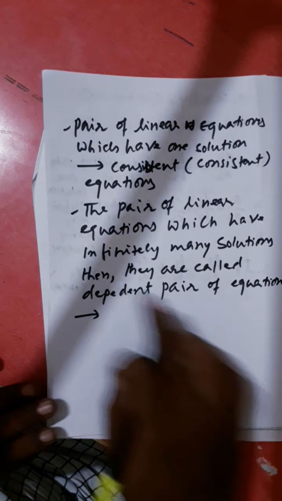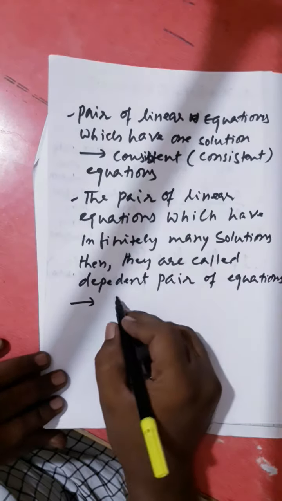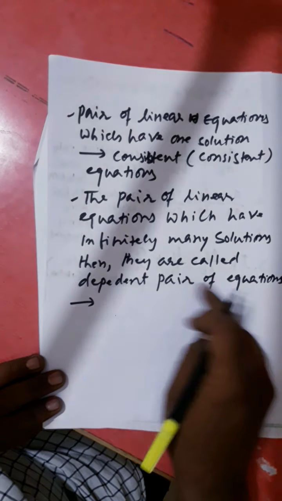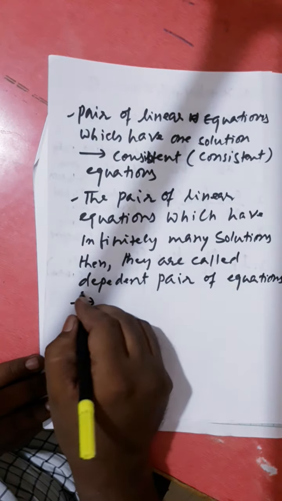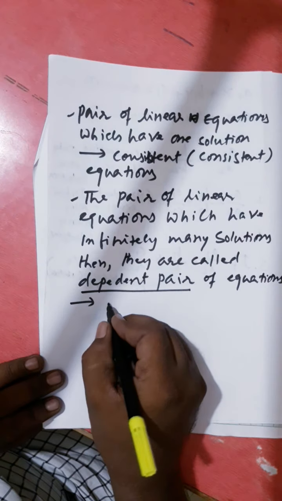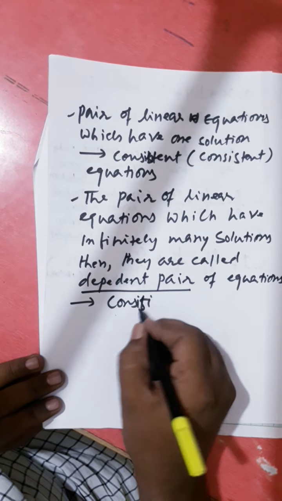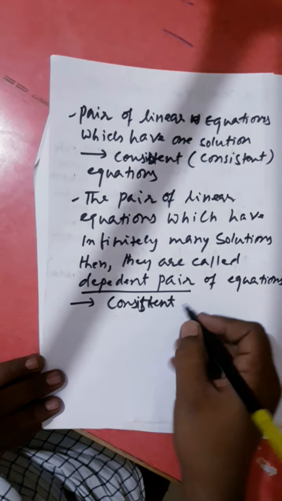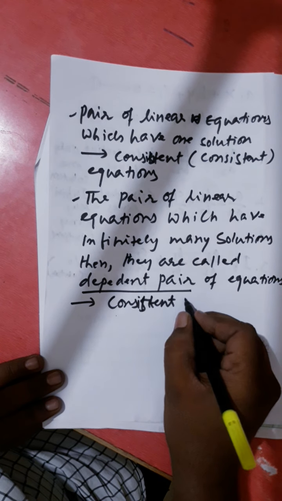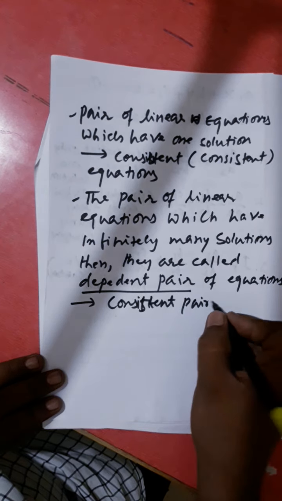Those equations which have many solutions, where a1 by a2 is equal to b1 by b2 is equal to c1 by c2, are called a dependent pair of equations, and this dependent pair of equations will always be a consistent pair of equations.